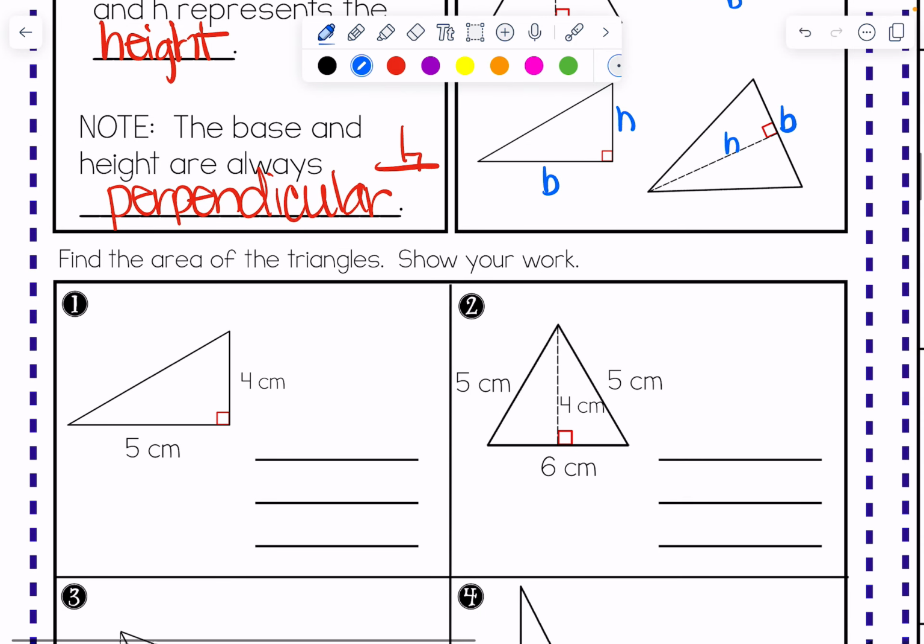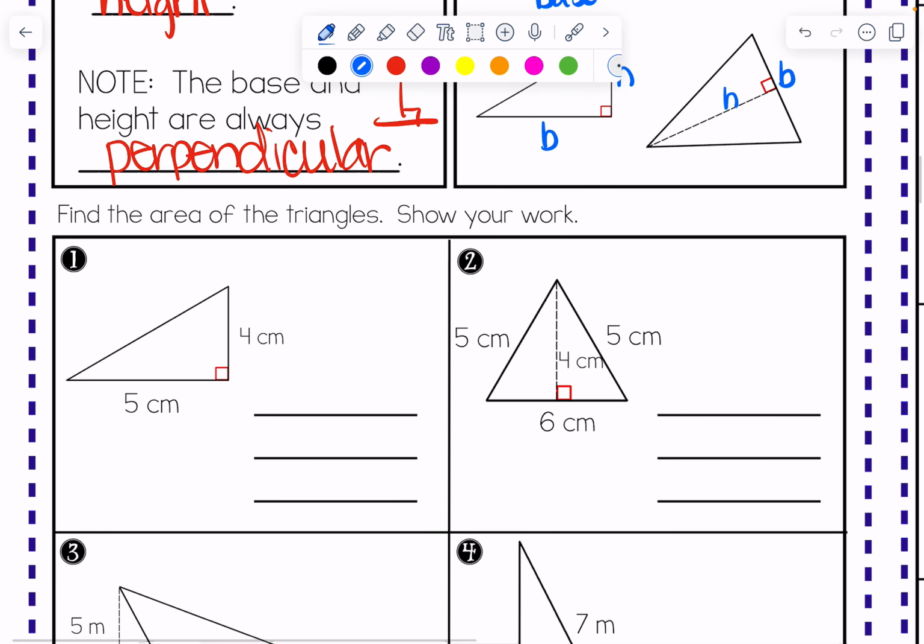All right, so to find the area of a triangle, you want to start with your formula. So we have a triangle, we're going to do 1/2 base times height. So always start with your formula and then you plug in what you know. So I need to figure out my area. I'm going to keep that 1/2 right now. My base is 5, my height is 4, and we can multiply in any order here.